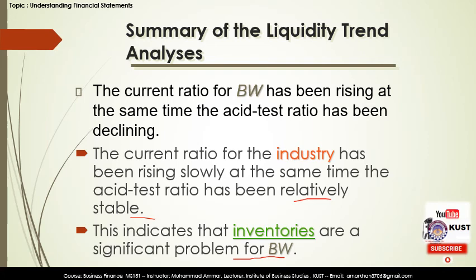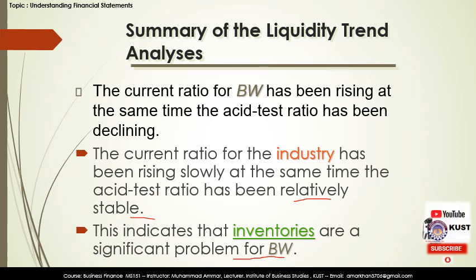Through these ratios, we also find the problem, or we can say the advantage for internal users, that they find their inventory problem by getting these ratios, the acid test ratio and current ratio. So basically from these ratios, both internal users and external users get the benefit if they want.